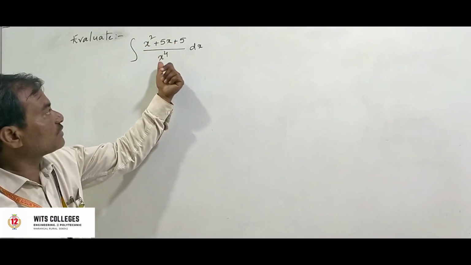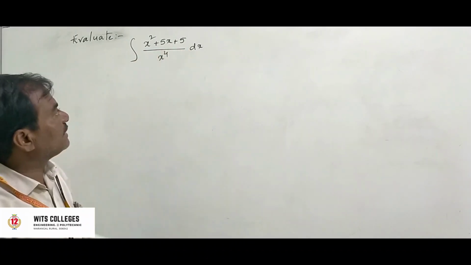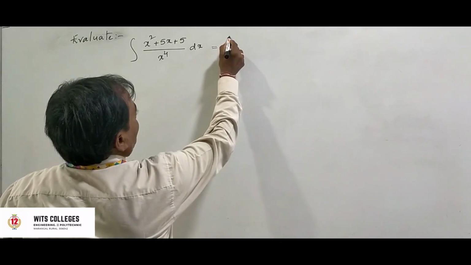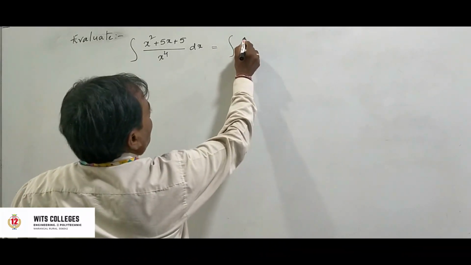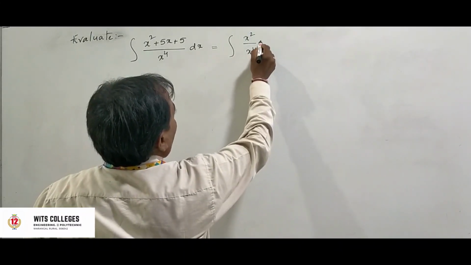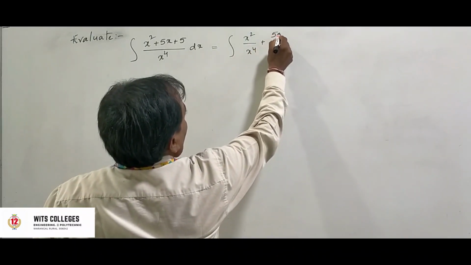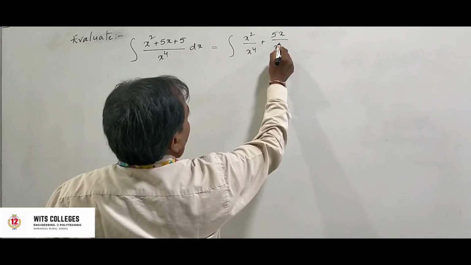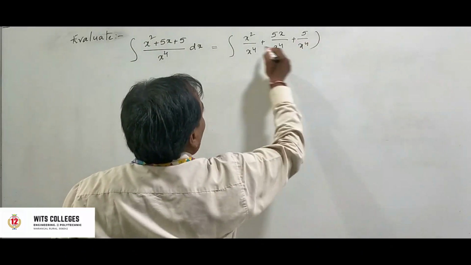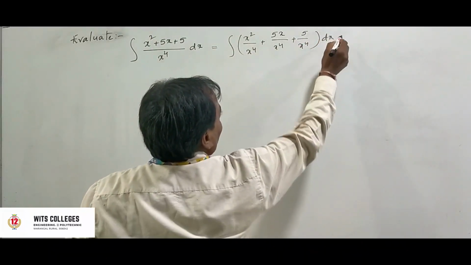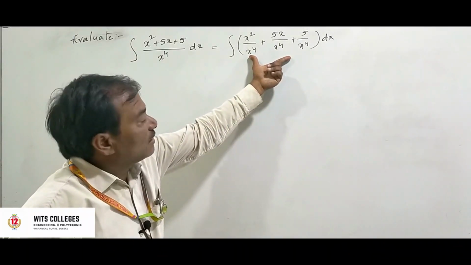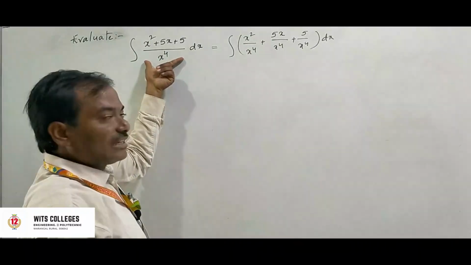So first we write this as equal to integral x square by x power 4 plus 5x by x power 4 plus 5 by x power 4 dx. Okay, so if x power 4 is the LCM, again we get the same given function.